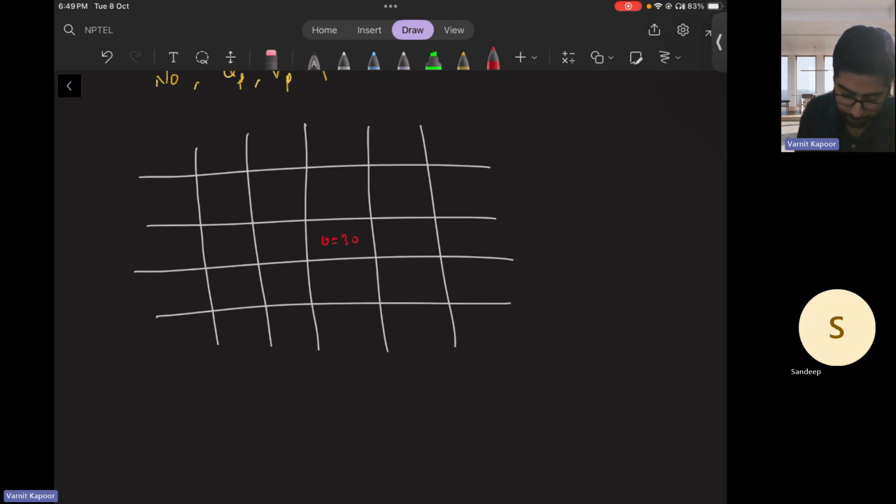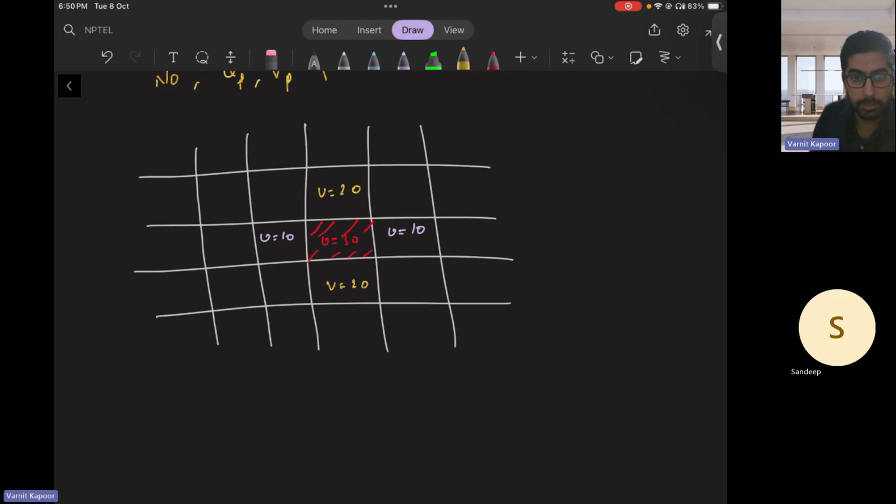This is cell P. Now the west cell has a value of u equal to 10, and the east cell also has u equal to 10. Here v is equal to 20, and north and south both have 20.